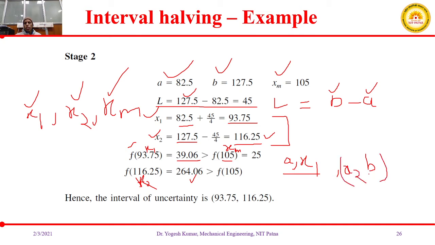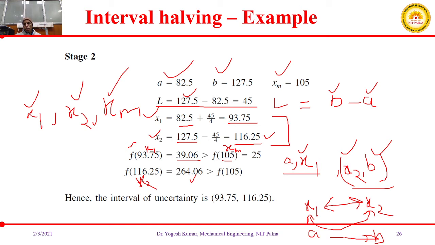Okay, so these two intervals we will remove, and the new values of a and b now become x1 and x2; your interval now will become x1 to x2. We will assign the values of x1 and x2 to the new values of a and b. Again, your possible solution will lie between these new values of a and b.